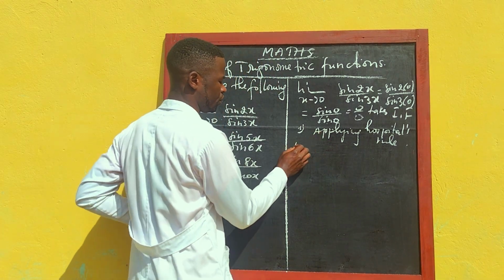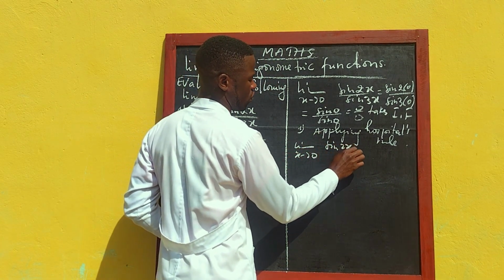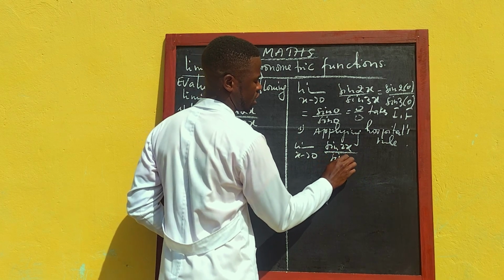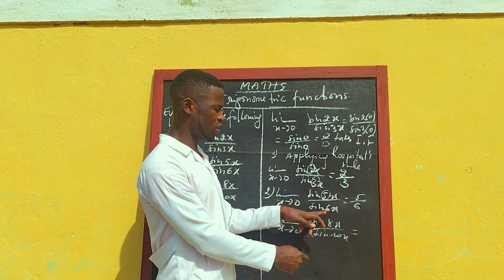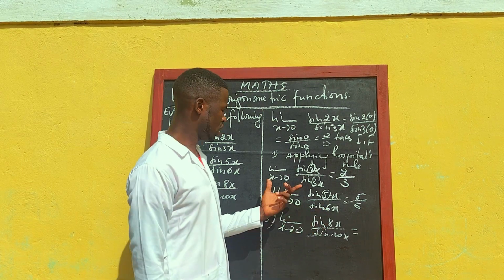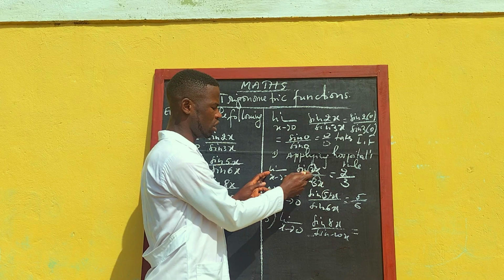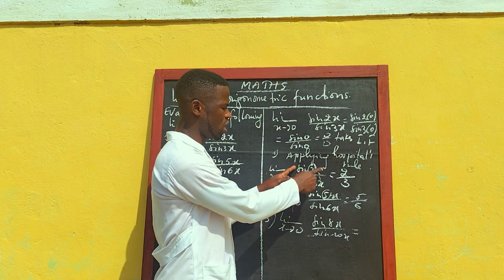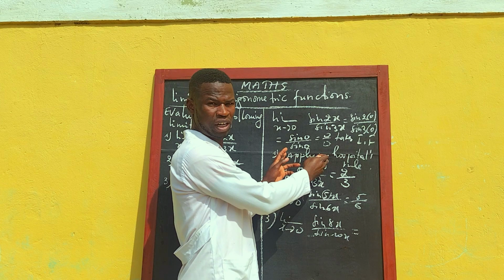When you look at this expression, the limit as x approaches 0 of sin 2x over sin 3x, there is no need to apply L'Hospital's rule.